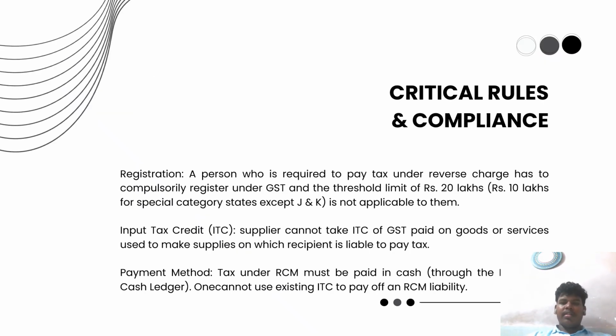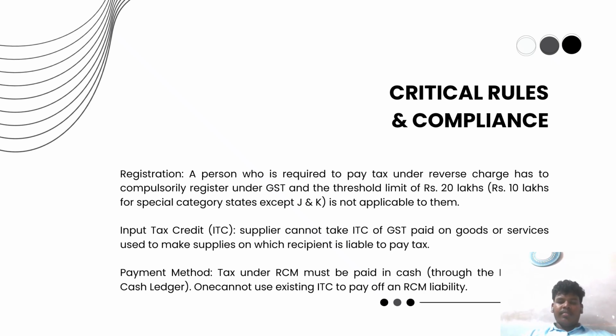Moving on to the critical rules and compliances. Registration. A person who is required to pay tax under reverse charge has to be compulsorily registered under the GST, as the threshold limit of 20 lakhs, 10 lakhs for special category states, except Jammu and Kashmir, is not applicable on them.